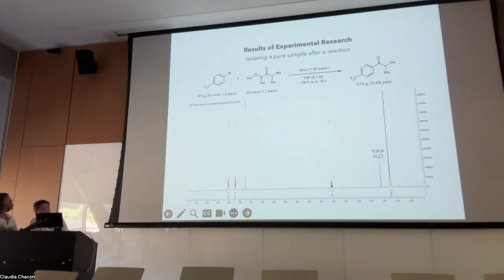This is one of the reactions that I ran during my time in the lab, and it yielded a 72.2% product yield. I took it to the NMR machine, and this is my spectrum that I got. As you can see, there are two peaks around 7.5 and 8, and these correspond to the hydrogens here.